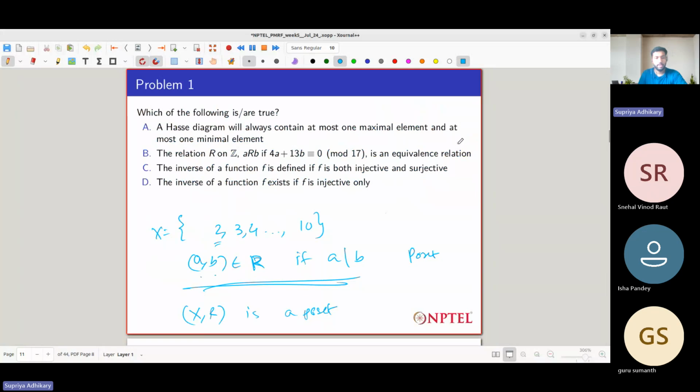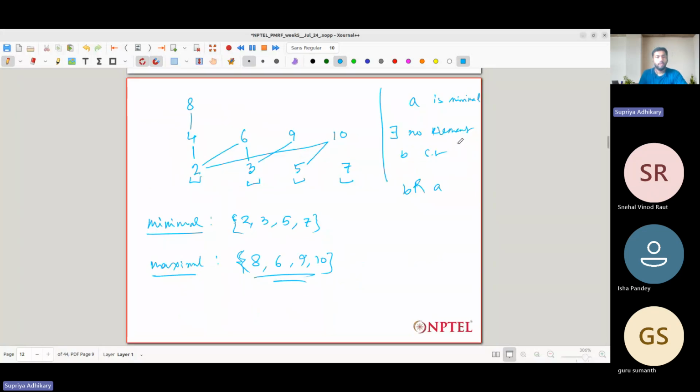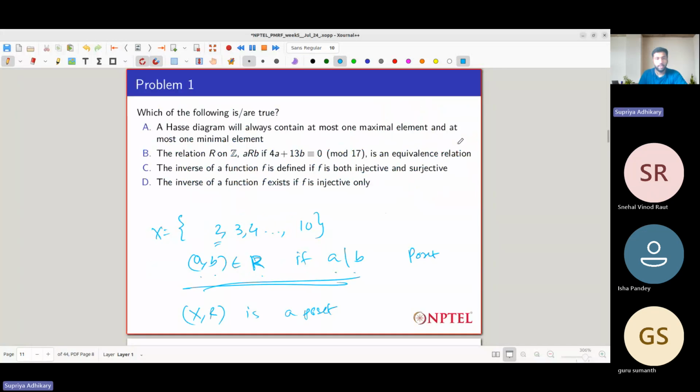That means A is related to B whenever A divides B. So according to this relation, the maximal elements should be all those elements that do not divide any other elements. So there are 4 minimal elements and 4 maximal elements. Therefore, this statement is not true. That means a Hasse diagram need not contain at most one maximal and at most one minimal element.